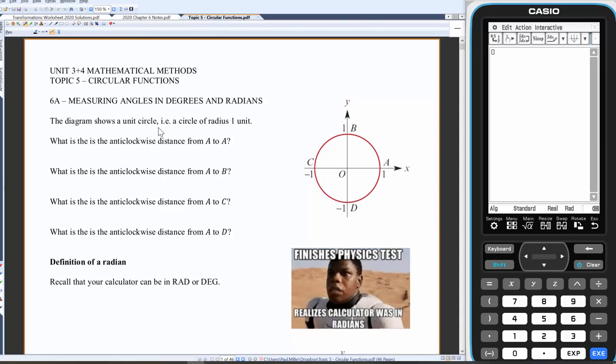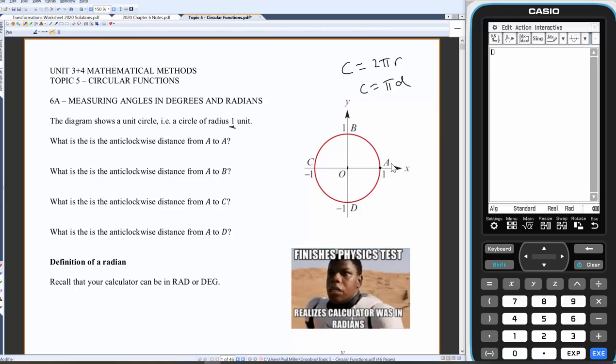Diagram shows a unit circle, and the unit circle is a circle of radius 1 unit. So the distance from the origin to this point here is 1, okay? And it will be the same radius all the way through because, well, it's a circle. Now, if you recall this formula here, circumference equals 2 pi r, or circumference equals pi d.